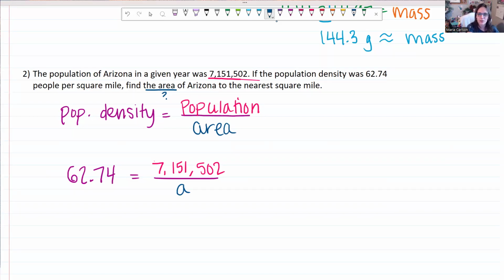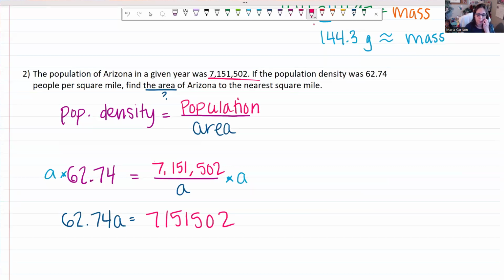So my first step is going to be to multiply both sides by this variable that we don't know. I'm going to multiply both sides of this by A. So now we have 62.74, basically our density times the area, is equal to the population, which is still 7,151,502.